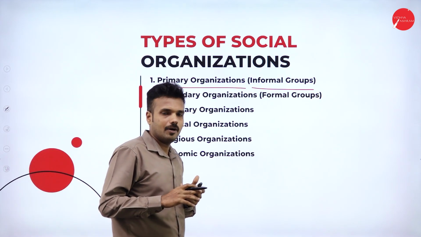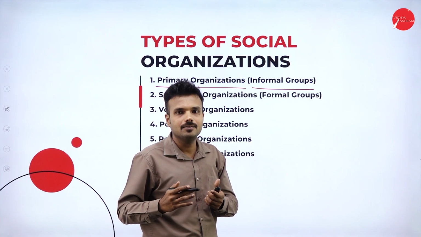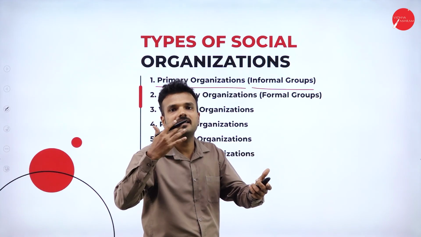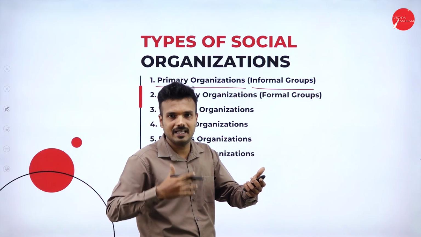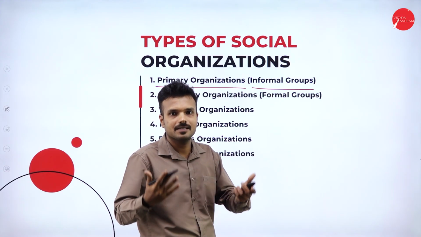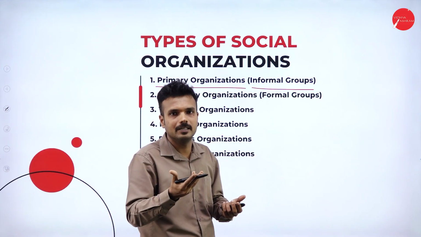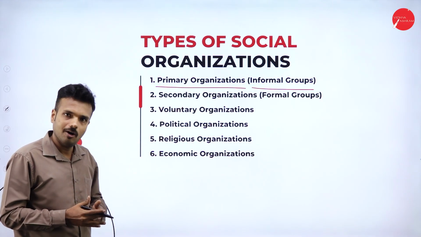Because as a child takes birth, they keep looking at their family members and adopt certain things from them. They learn certain things from their neighbors, from their brothers, sisters, friends, yes or no? So this tiny group of people that we call an organization is a primary organization.